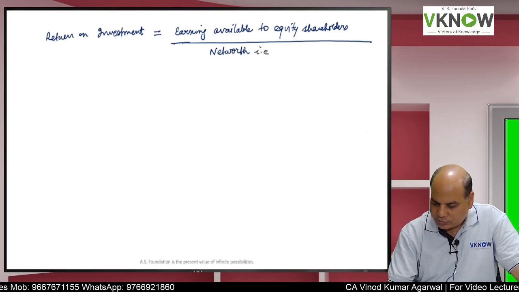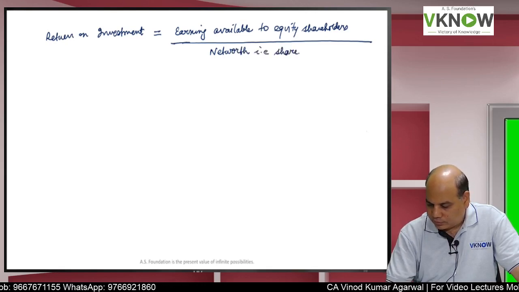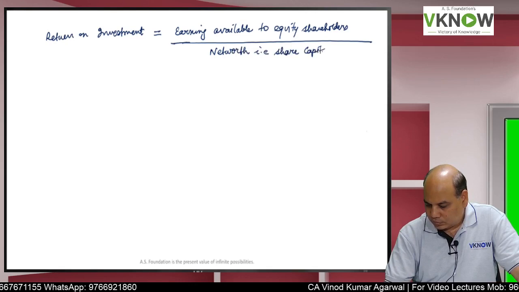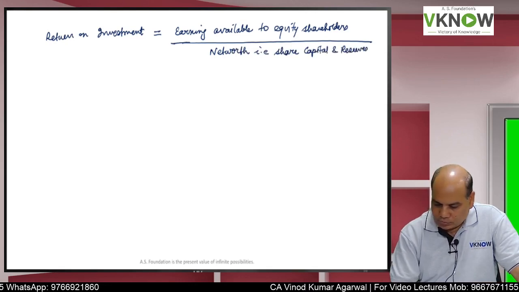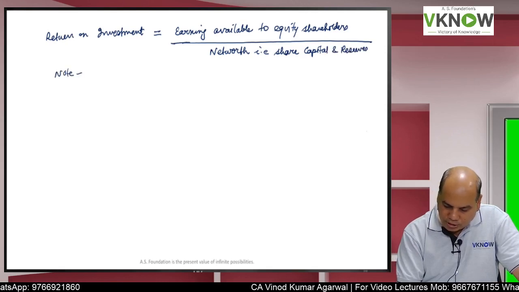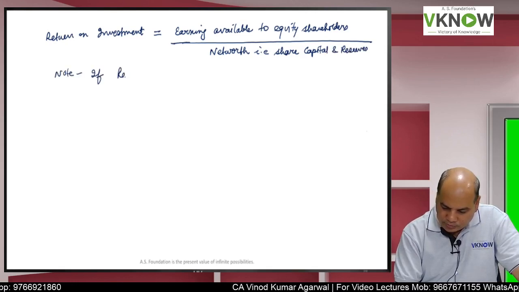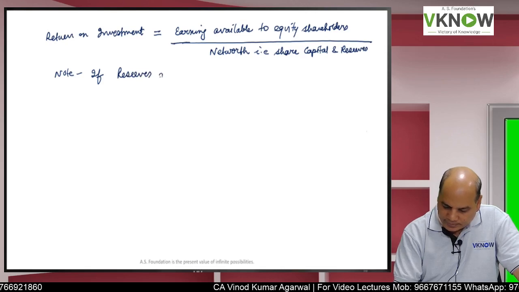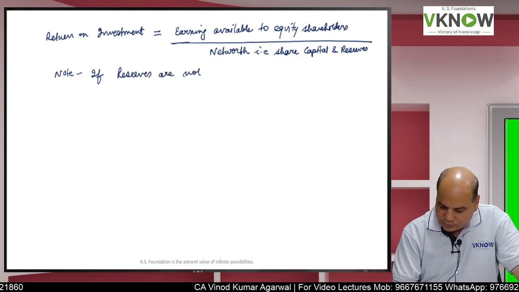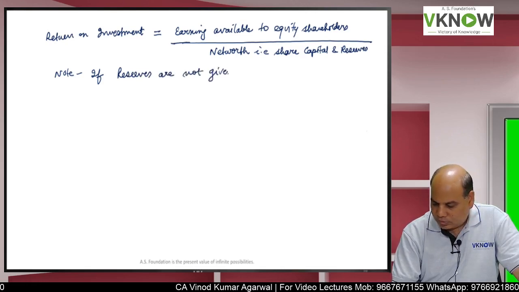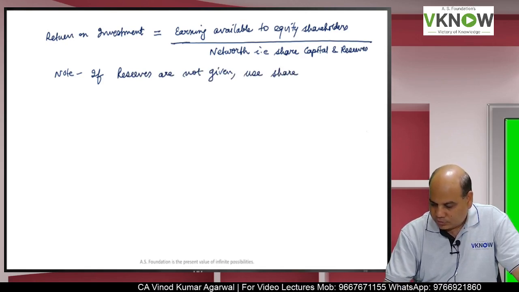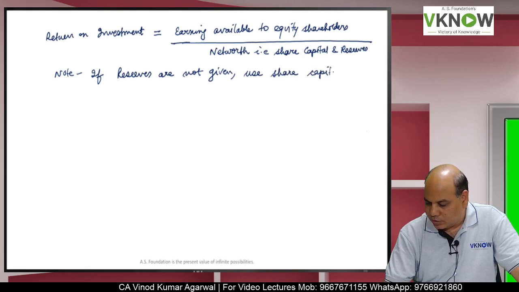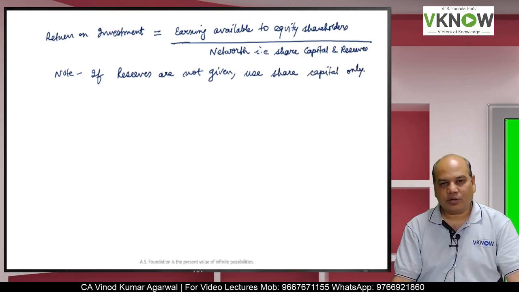Net worth, that is share capital plus reserve. Note, if reserves are not given, use share capital only. In some exam questions, they have not given reserve. Use share capital. Okay.